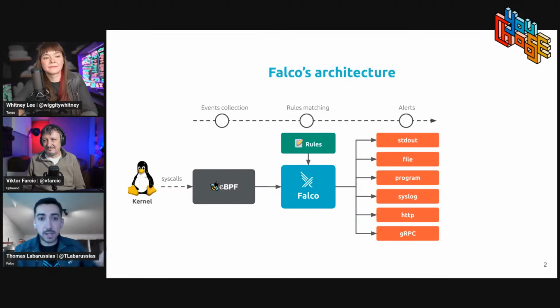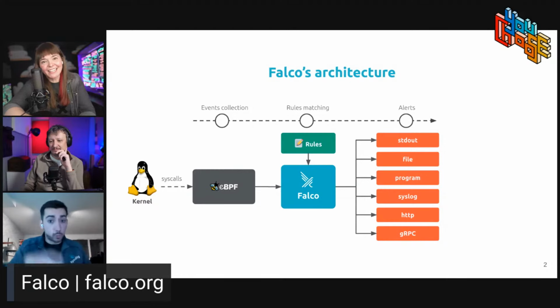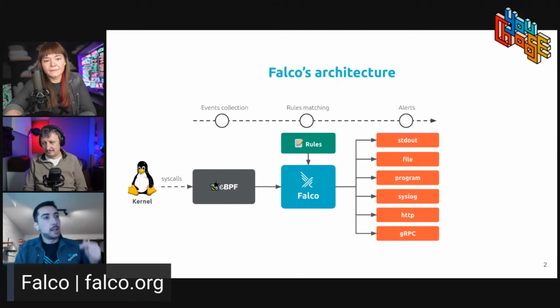Then Falco will enrich them with human-ingestible data, like the container ID, the container name, the pod namespace. And with the syscalls and all the enrichment, we apply rules over them to detect suspicious behaviors and possible threats. You can imagine Falco like a security camera over your host, containers, pods, and more. We'll explain about that later.